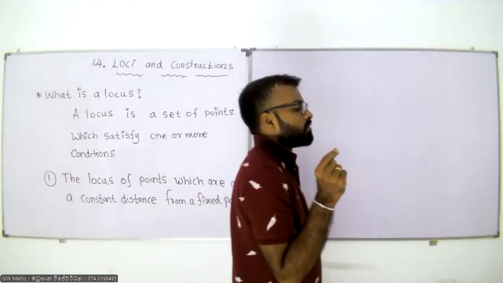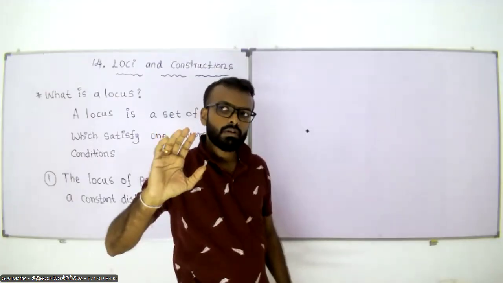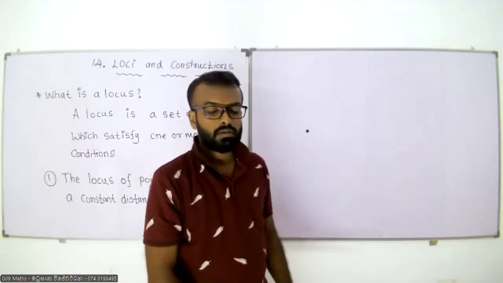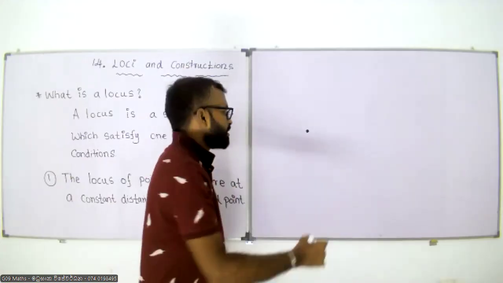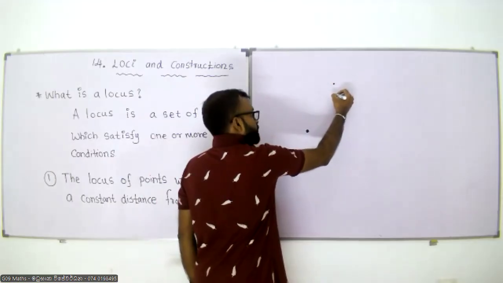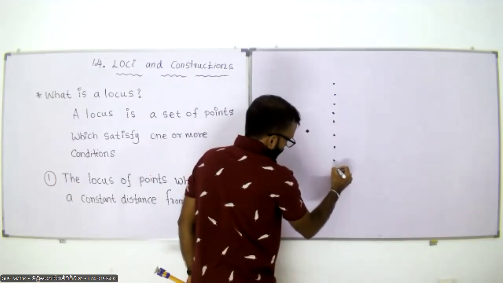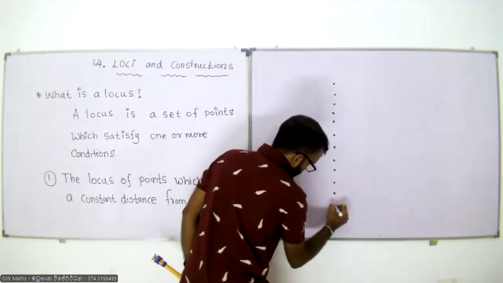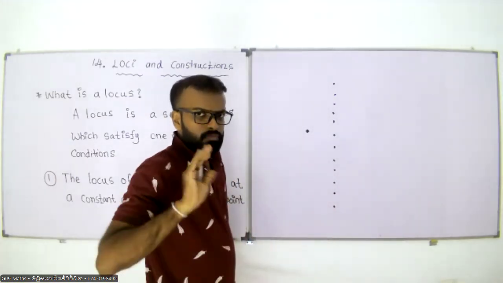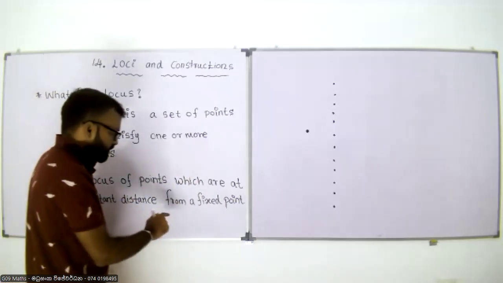There is a point, and we have a set of points equidistant from that fixed point. Suppose these are my set of points, the locus of points which are at a constant distance from a fixed point.